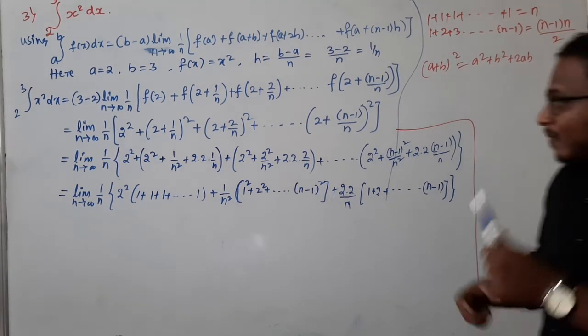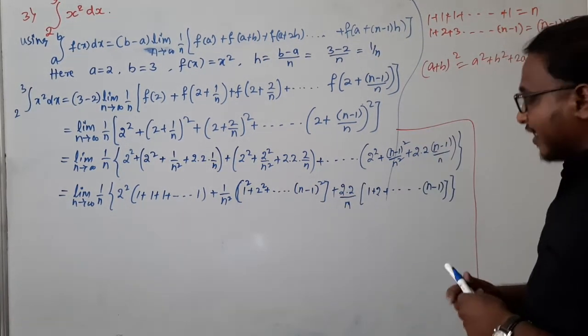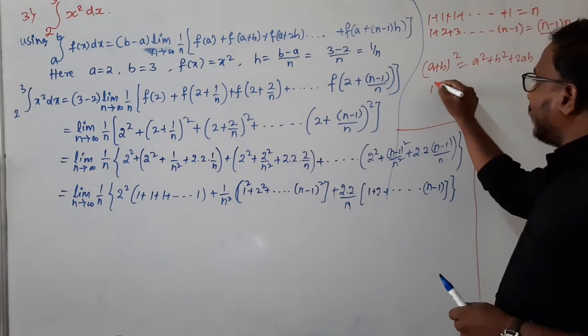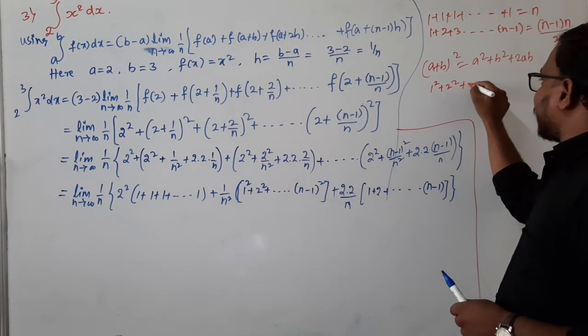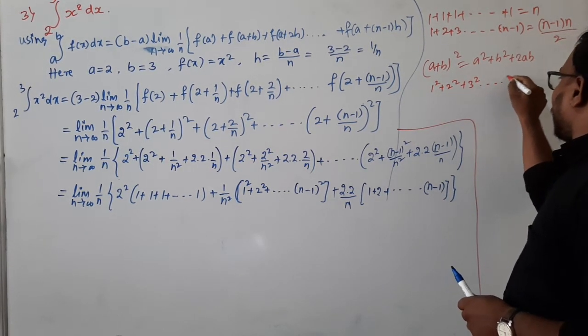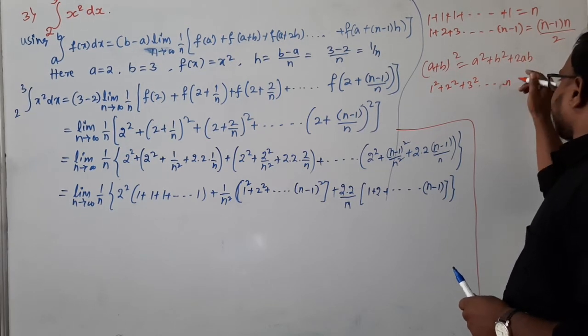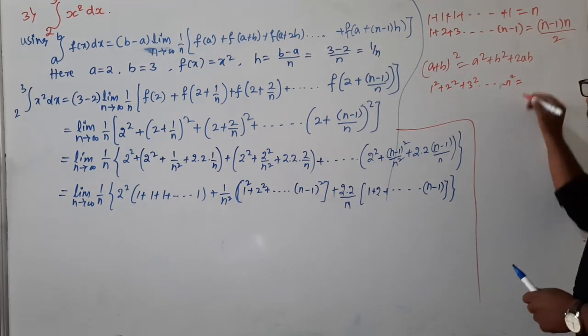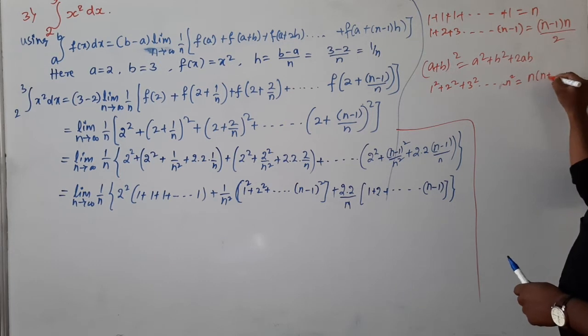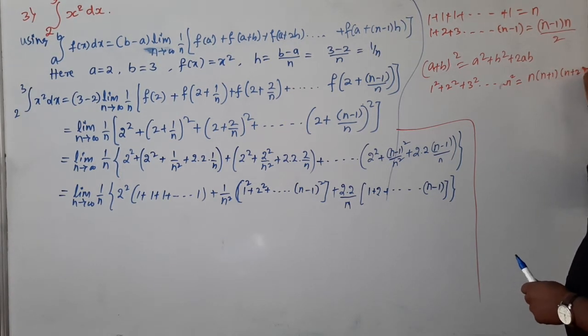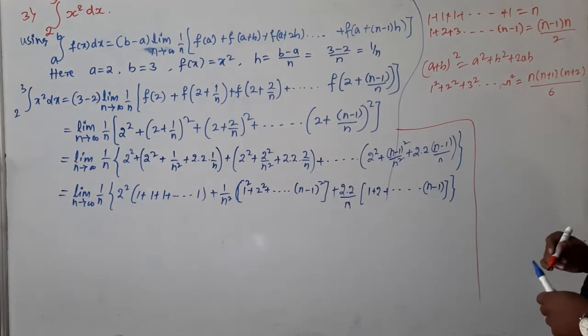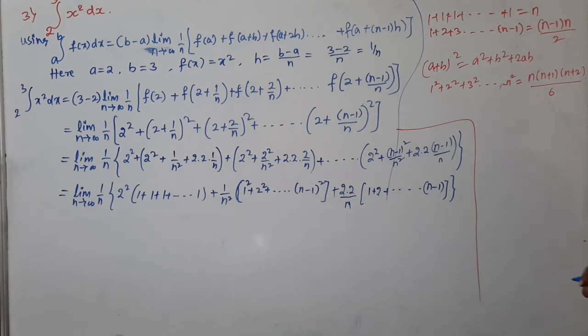Next, what about this one? This is also a format of 1 square plus 2 square plus 3 square and so on up to n square, which is equal to n into n plus 1 into 2n plus 1 divided by 6.